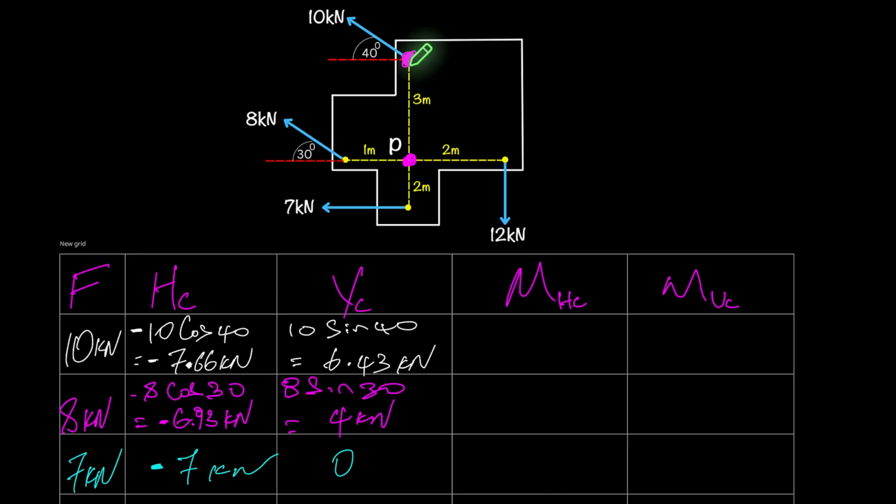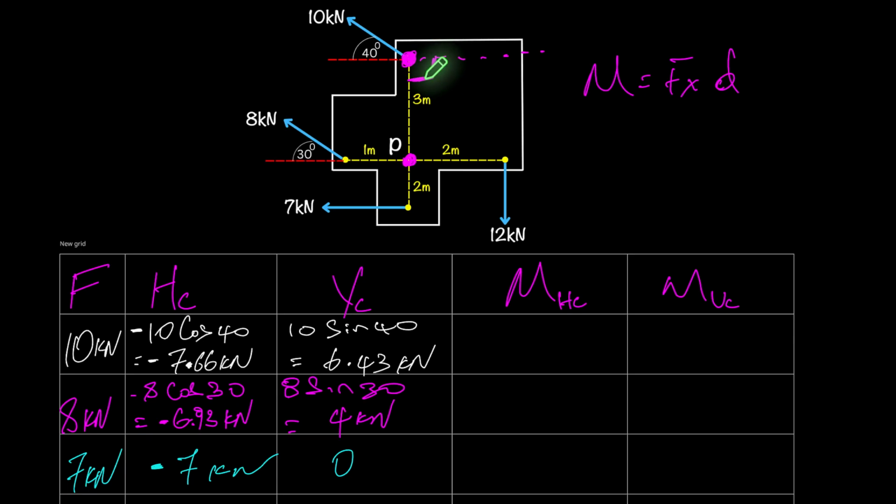In terms of the horizontal component, if I draw this imaginary line here that's representing the horizontal force, that negative 7.66, when we do the moment, which is our force multiplied by our perpendicular distance, the distance here must be perpendicular to the horizontal force.